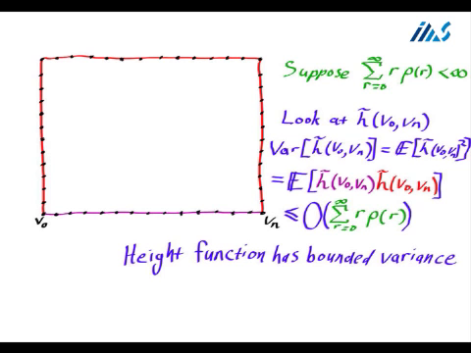So basically, the problem is that if you look at H mod 2 at the origin, it's going to have the same value as H mod 2 at some vertex distance 2n away. And if you have bounded variance, then somehow intuitively there's like a smallest value that it's likely to take.